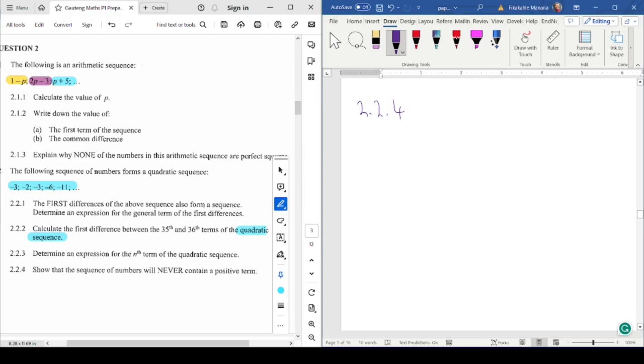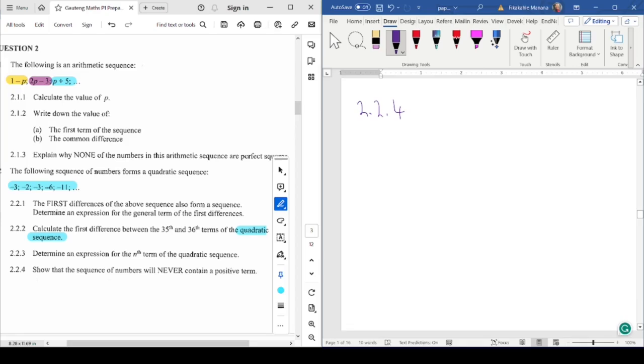Okay, the real last question now, 2.2.4. Show that the sequence of numbers will never contain a positive term. Okay, so this is one of those questions, likewise, that need you to think a little bit. So if we look at the sequence, it starts from minus 3, and you can see that it's kind of jumping.